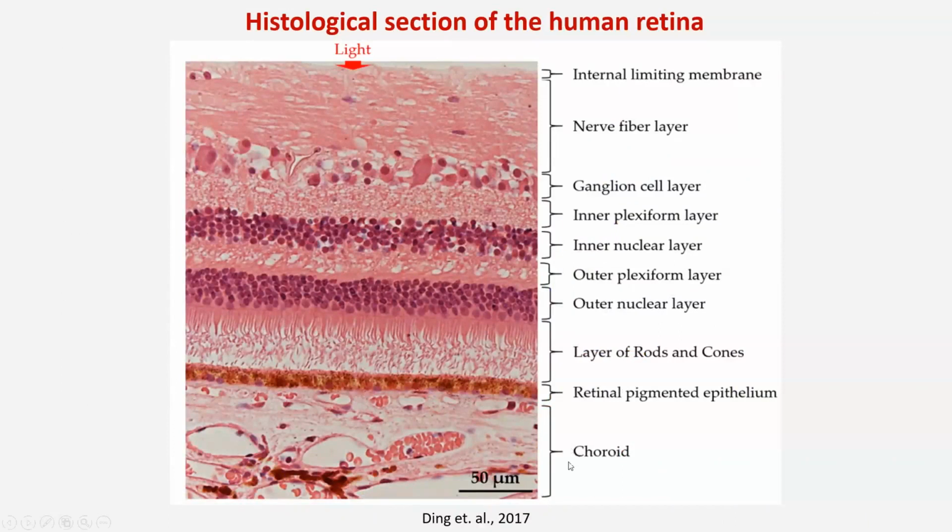From the choroid, where you can see blood vessels, moving to the RPE, the retinal pigment epithelium, you have the photoreceptor nuclei, the inner nuclear layer, where you have your supportive cells, the layer of the ganglion cells, and then the nerve fiber layer, which leads to the optic nerve. This is a different type of technique and staining, but it shows basically the same information as the previous slide, in a different way.